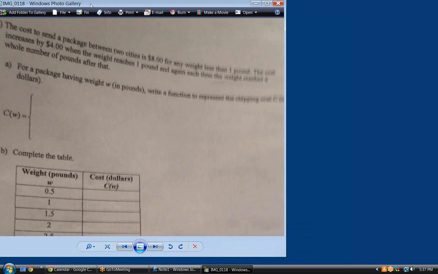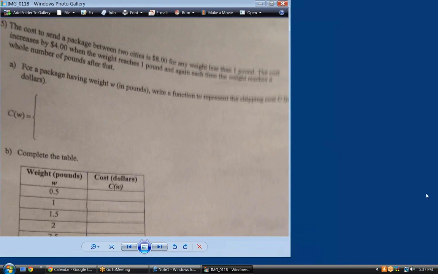Okay, this word problem here. The cost to send a package between 2 cities is $8 for any weight less than a pound, and it increases by $4 when the weight reaches 1 pound, and again each time the weight reaches a whole number of pounds after that.